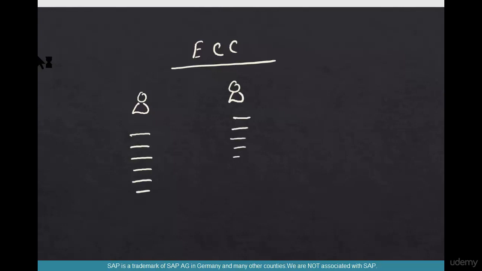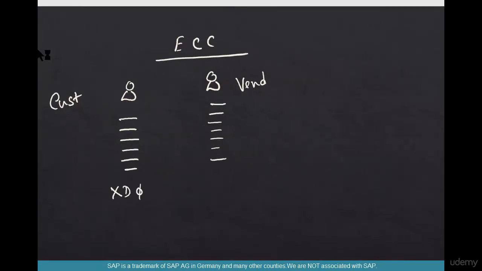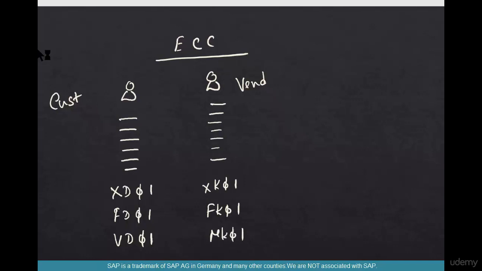How do you create your customer? Either XD01 or FD01 or VD01. This is to create, of course, and to change or display it, you use the 02 and 03 variants. For vendor, it is XK01, FK01 for financial view, and MK01 for general and purchasing use. This is the existing world of SAP.